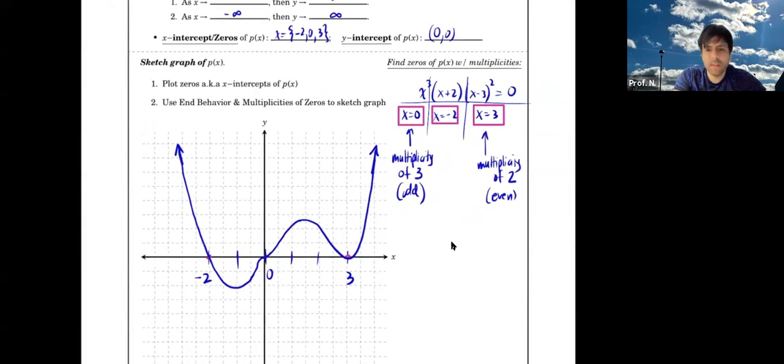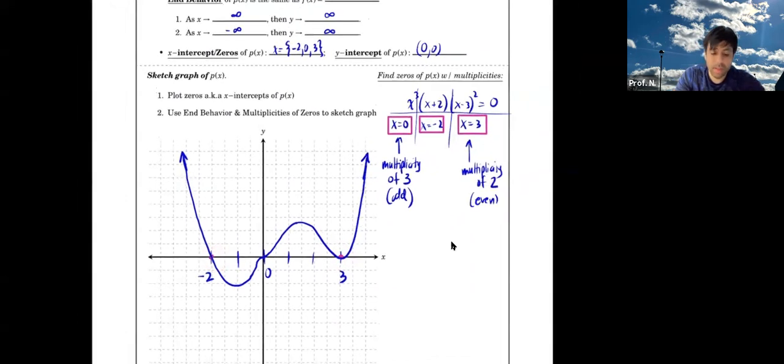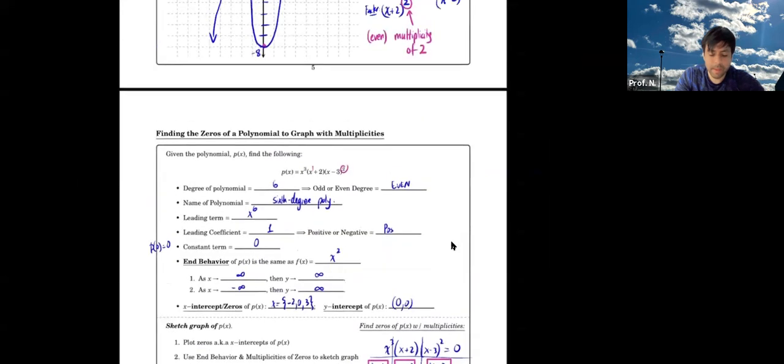So multiplicities, whether odd or even, tell you how the graph is going to either go through the zeros, which are the x-intercepts, or bounce back from the point on the x-intercept. So that's what we talked about last time.